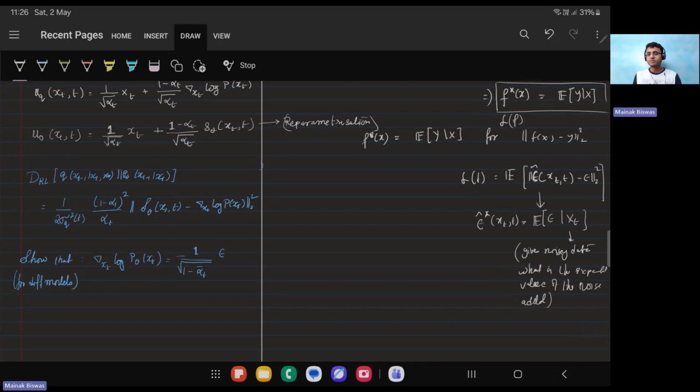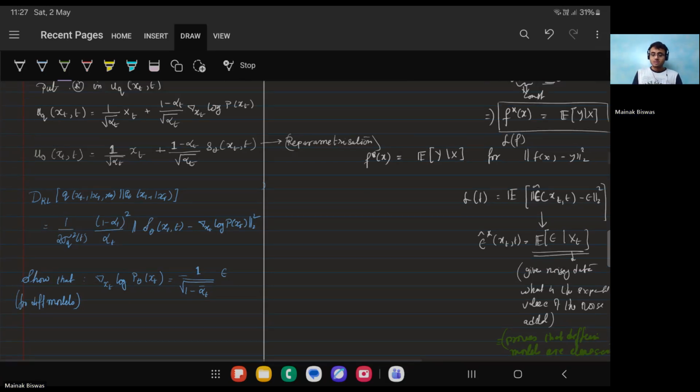So clearly your model is trying to estimate this term, and this is exactly what I want. This proves that diffusion models are denoisers. Because when you train the model, it's going to give you the exact noise that was added without any stochasticity there because it's an expectation.